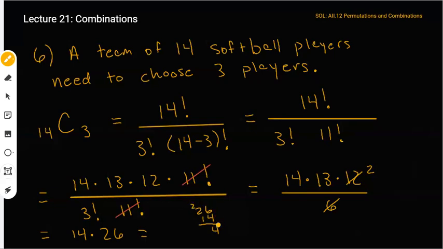Carry the 2. 4 times 2 is 8. Plus 2 is 10. Put down my placeholder 0. And now I need to multiply 26 by 1 to get 26. So now if I add the digits, I'm going to get 3, 6, 4. That's my answer.